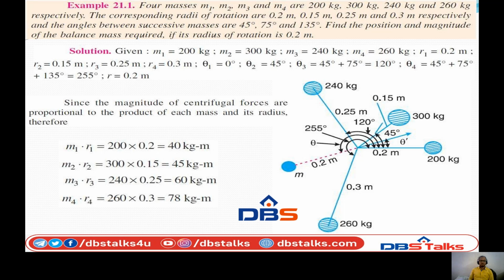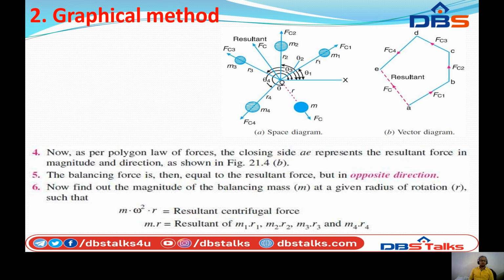Then let us consider today's class overview: what is static balancing and what is dynamic balancing, and for what we are going to balance the rotating masses. These are the topics we have covered in today's class.